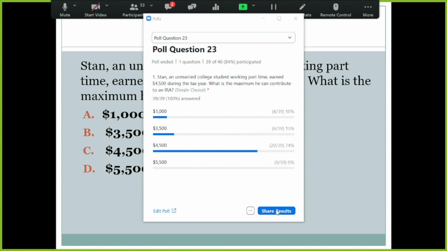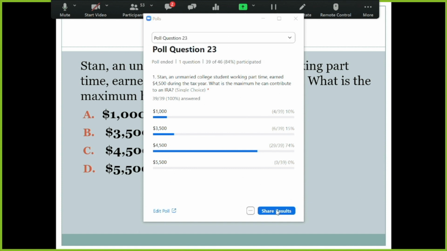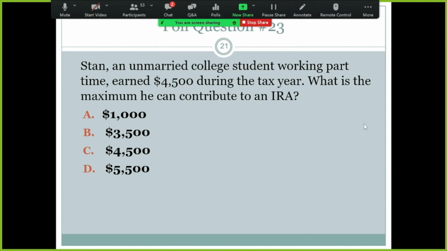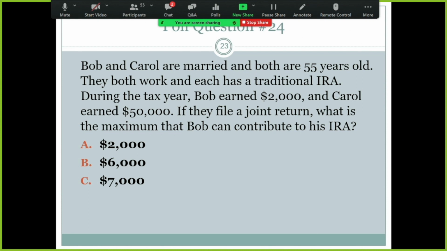The correct answer is $4,500. The answer is listed here. The next poll question.